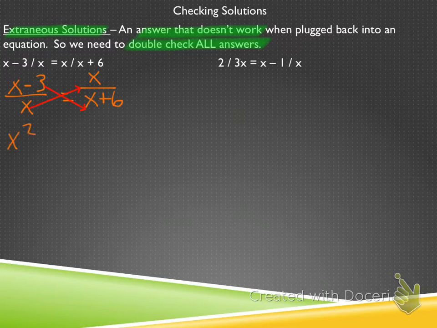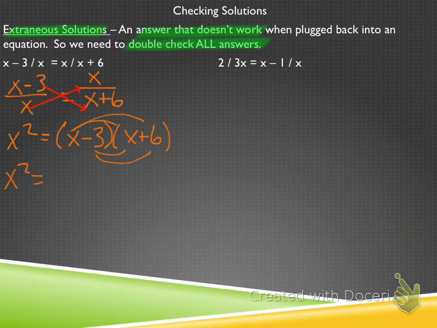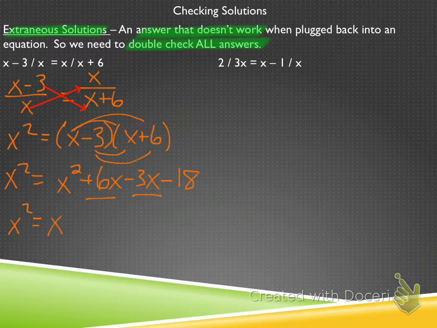I get x squared equals, and I always put these in parentheses so I know that I have to distribute them. So x squared is equal to, do the crab claw, multiply binomials together, x squared plus 6x minus 3x minus 18. Combine my like terms: x squared is equal to x squared plus 3x minus 18.